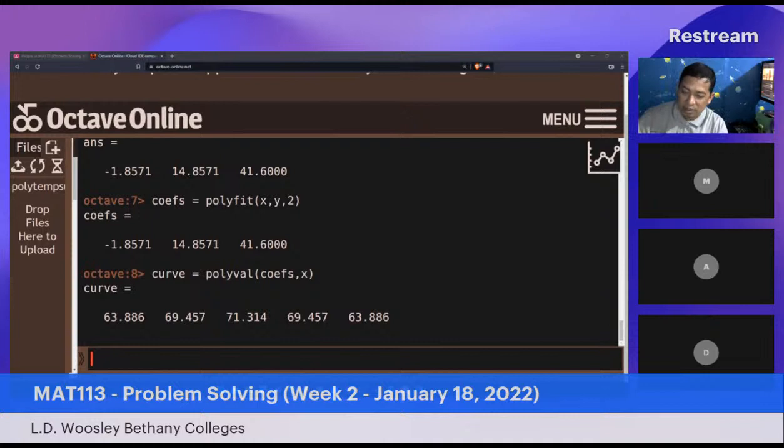Originally 65, 67, 72, 71 and 63. No, so yung binalik natin based doon sa approximation or yung polyfit na second degree, halos ano siya? Halos katugma ng original na coefficient. So meaning it's better for you to represent this in terms of second.